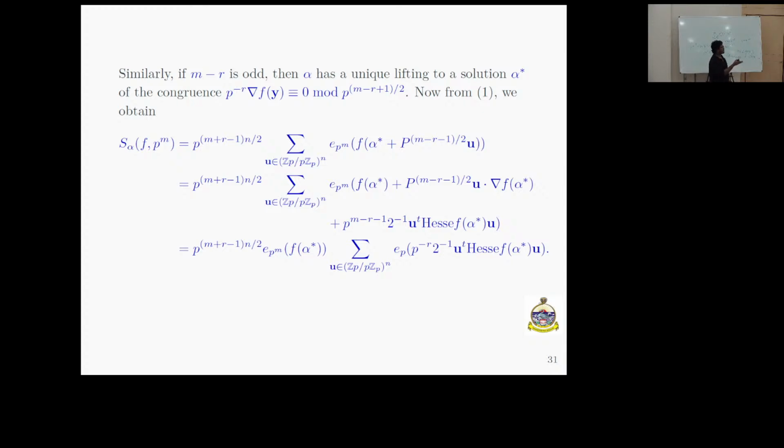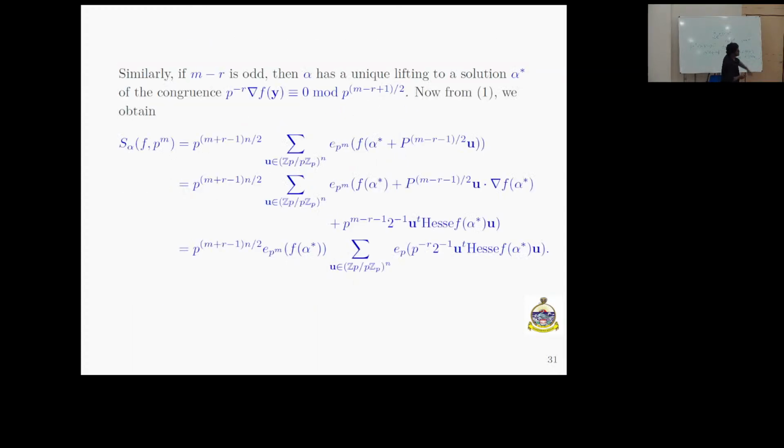Then again we have this notion of gradient and Hessian, and one can easily see that the second term here will vanish again, right? But here we can do a little bit of calculation, because this is just a matrix. So we have this Hessian, this is a matrix, and we can do a little calculation to grab our Gauss sum now. Let us fix this.